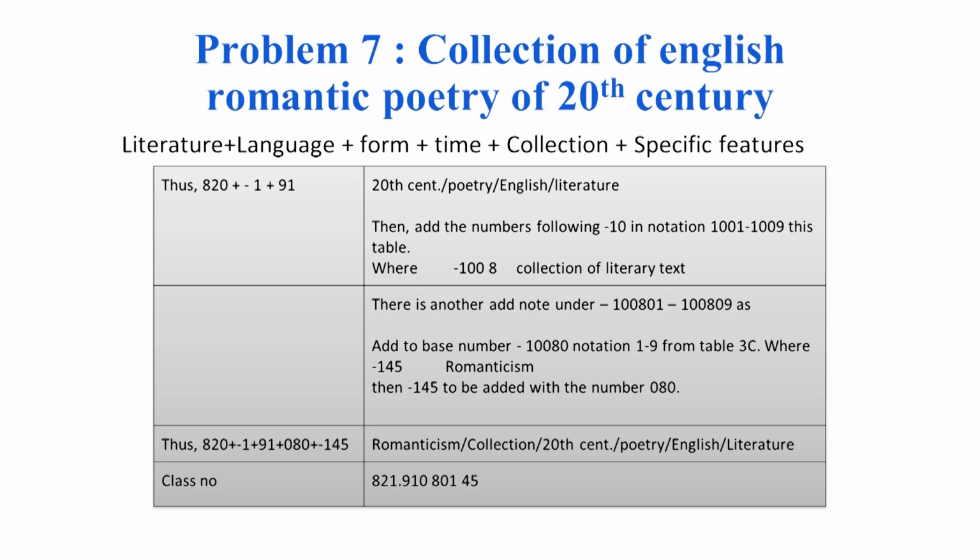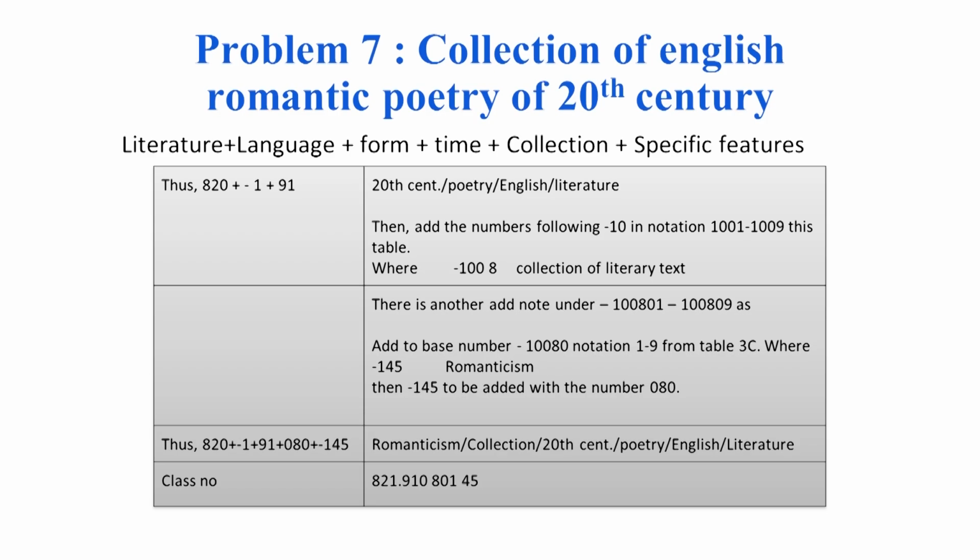Then dash 145 is to be added with the number 080. Then we have to write 820 plus dash 1 plus 91 plus 080 plus dash 145. So the concept will be romanticism, collection, 20th century, poetry, English literature.